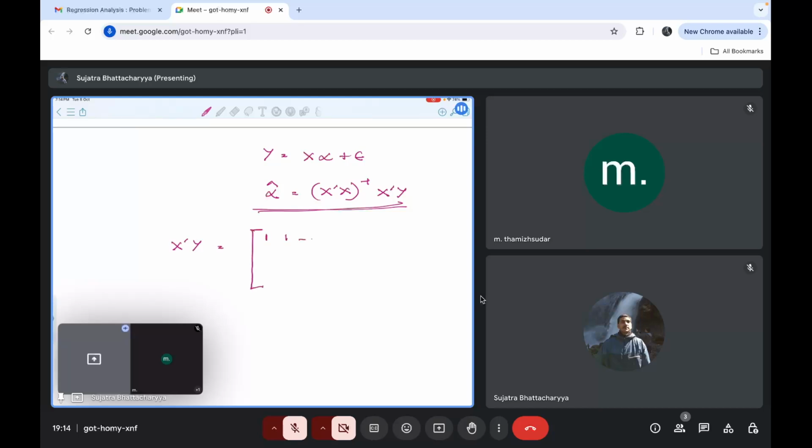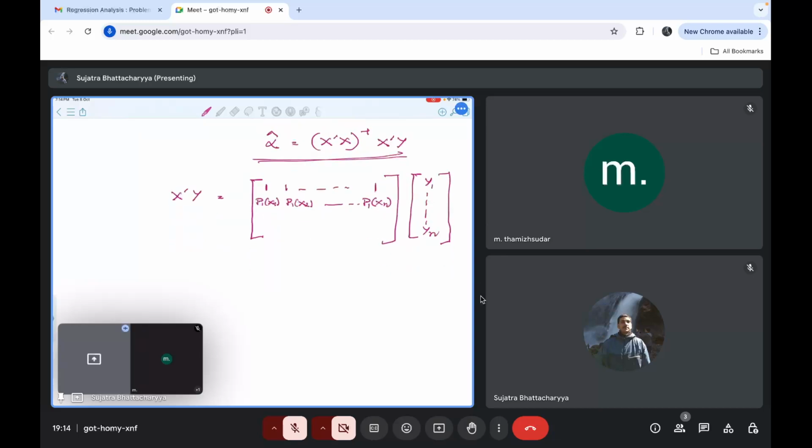X prime: 1, 1, all. Then here p1 x1, p1 x2, and so on up to p1 xn. Two rows is enough. And you have here y1, and so on up to yn. This is how the Y matrix will be.